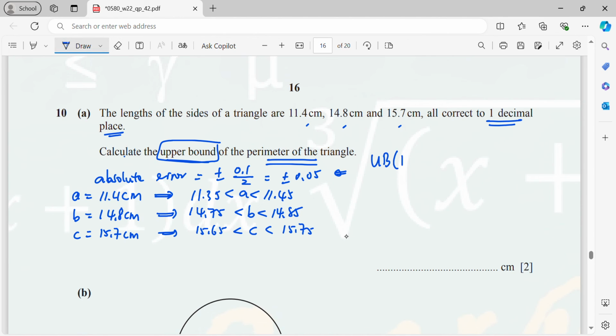In order to get the upper bound of the perimeter for the triangle, you refer to all the upper boundaries. So that will be 11.45 plus 14.85 plus 15.75. That means you will be getting 42.05. That will be the upper bound of the perimeter.